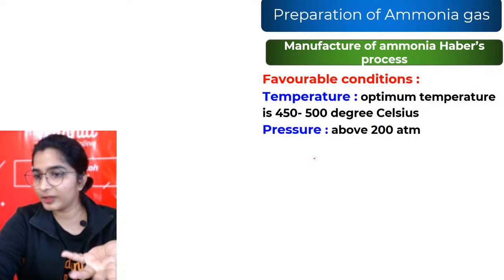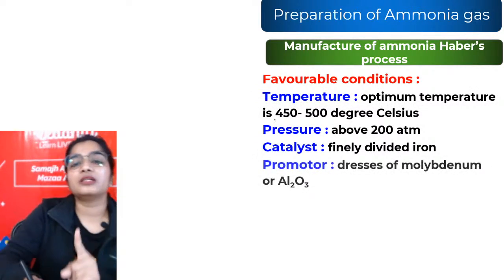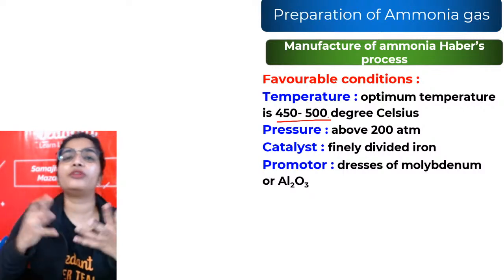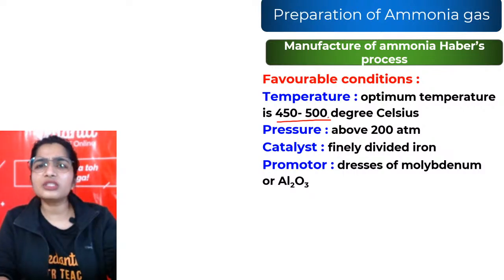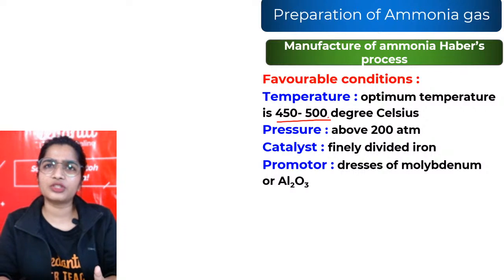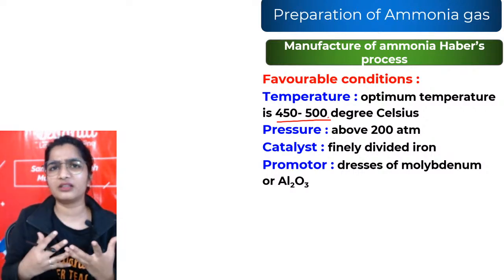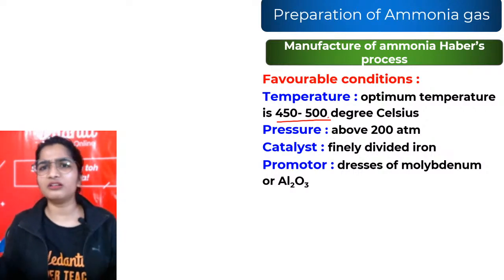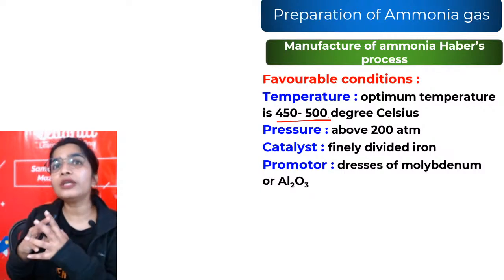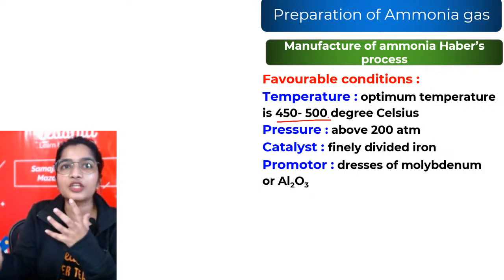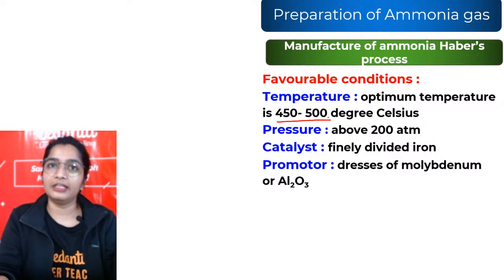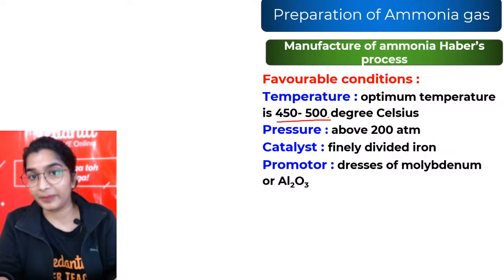Now here, what are the conditions? You already told me. The temperature must be 450 to 500 degrees. But we just said it's an exothermic reaction, so why should we still heat it? 500 degrees Celsius is not a very low temperature, right? As it's an exothermic reaction, it would be okay even if this reaction was done at low temperature.